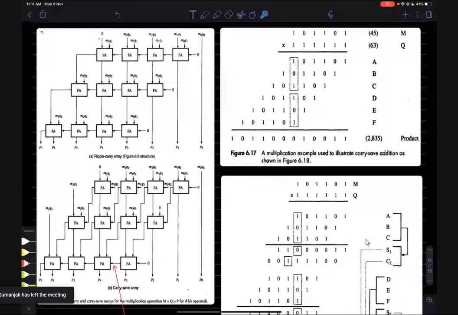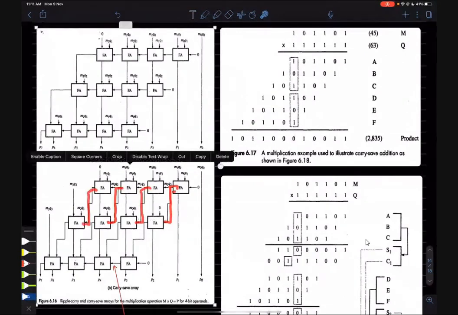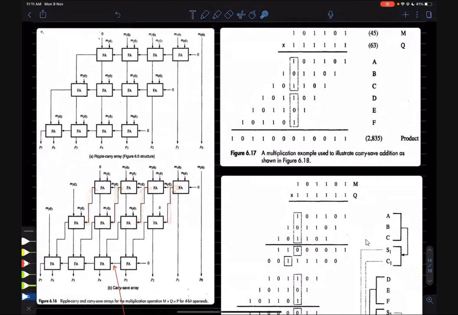That is called ripple carry. We will not ripple the carry; rather, we will give the carry to the next row. That is the technique here. In all the boxes you can see they give the carry to the bottom row; whatever carry is generated in the previous row, they give it to the next row.